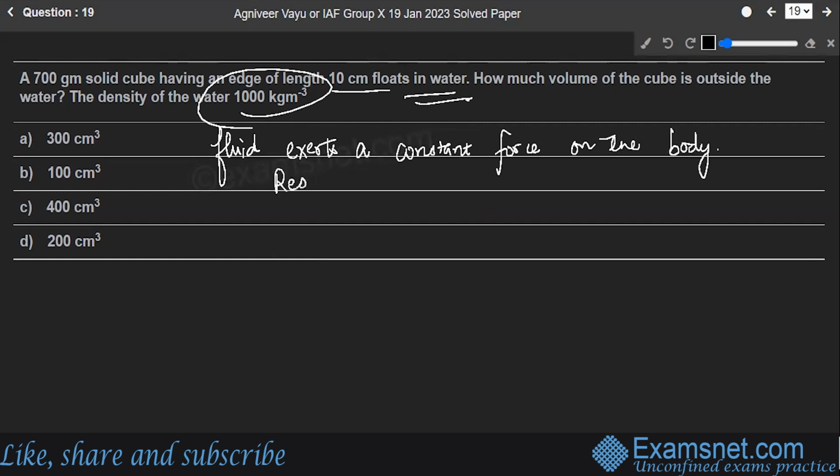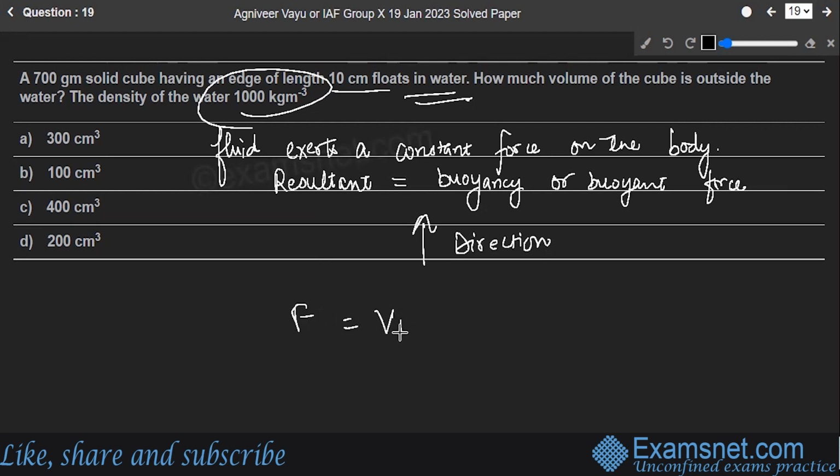So the resultant of this force is known as the buoyancy, or you can say buoyant force. This force acts vertically upwards, opposite to the weight of the body. So the direction is upwards, and mathematically this is written as this. So this is the volume of the liquid displaced.